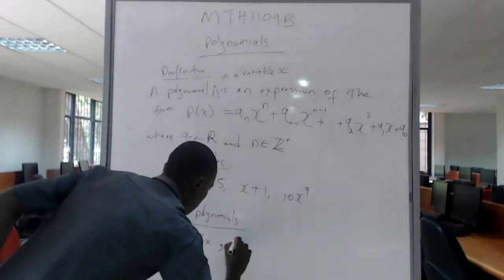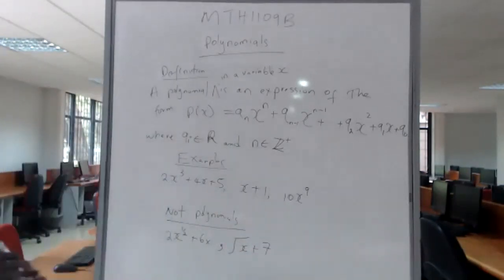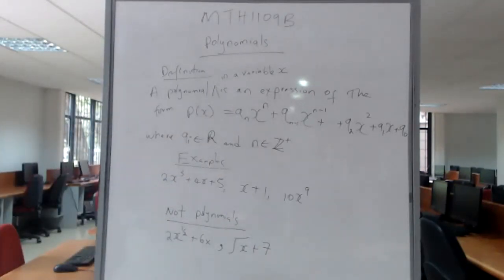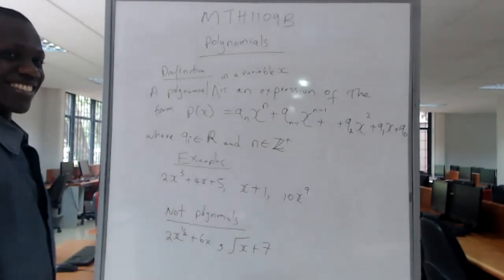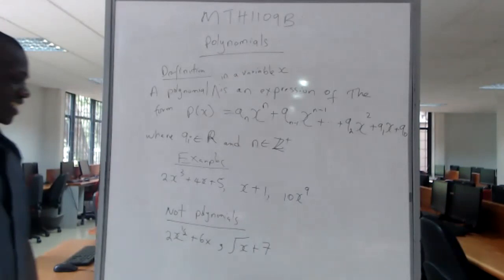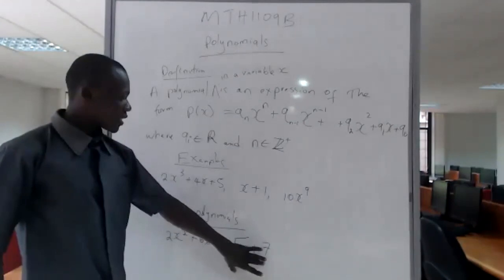How about square root of x plus 7? Is that a polynomial? No, it's a radical. What do you mean by radical? Why is this not a polynomial, root of x plus 7?